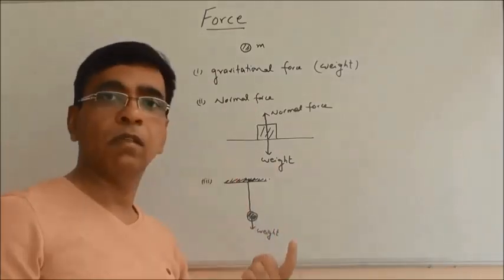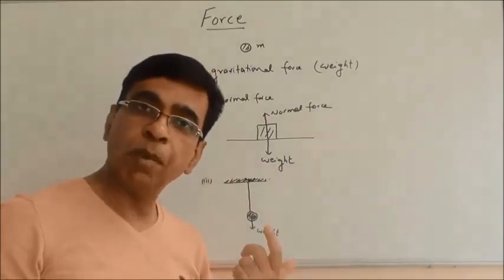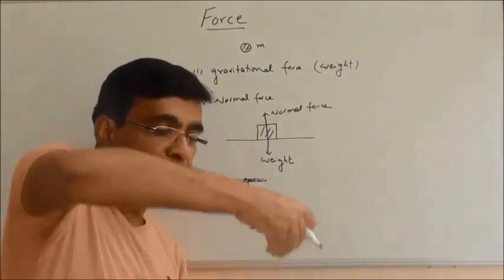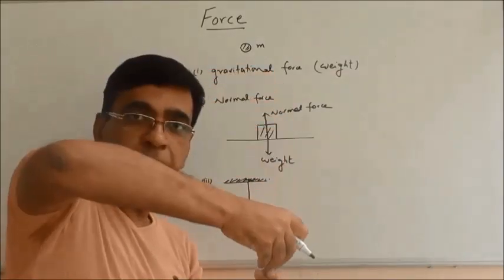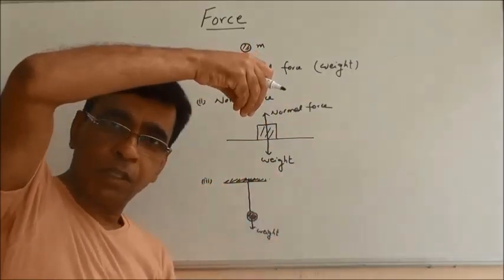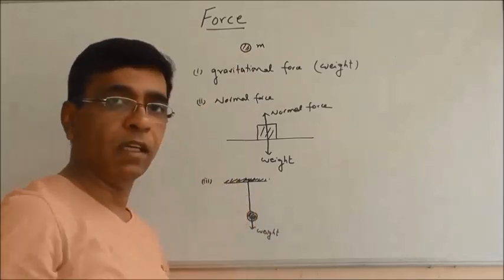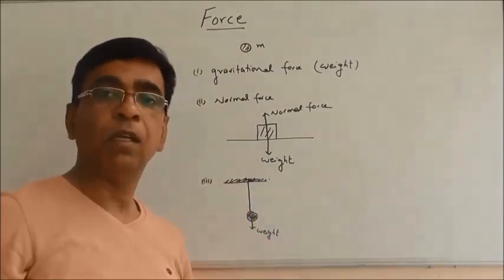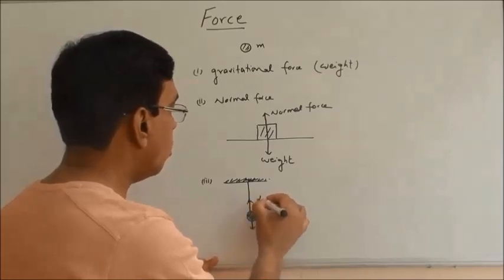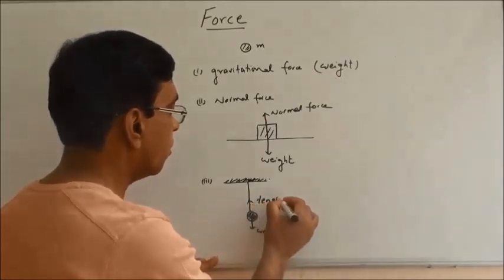It is at rest, and rest means the forces are balanced. So there is some other force. Which force is there? A string is pulling it up. A string pulls this object up, Earth pulls it down. And if it is at rest, it is not accelerating, it means these two forces are equal. So this we call tension.